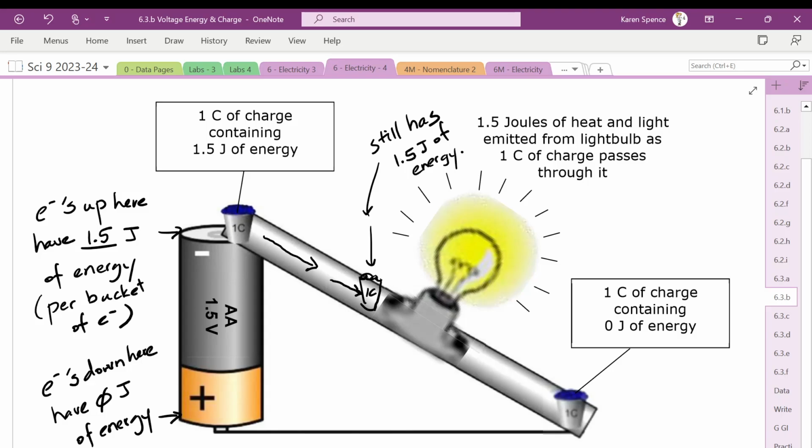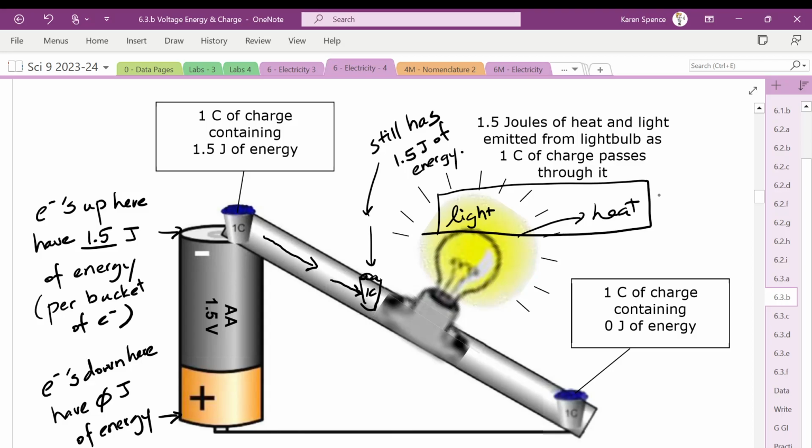However, in the light bulb, what happens to that 1.5 joules of energy? We get heat, we get light. Those are both forms of energy, yes? How many joules of heat and light do we get? We get 1.5 joules of heat and light produced.